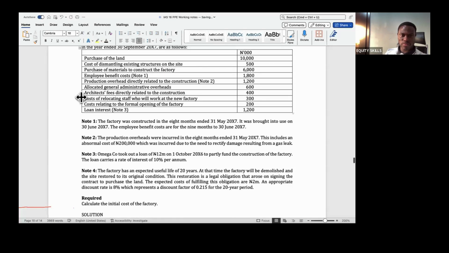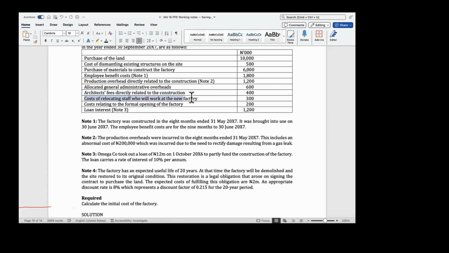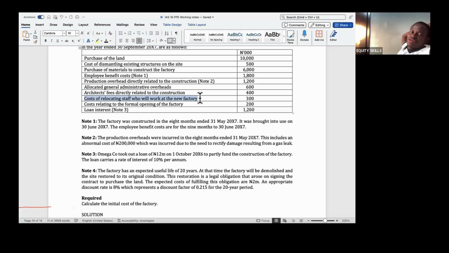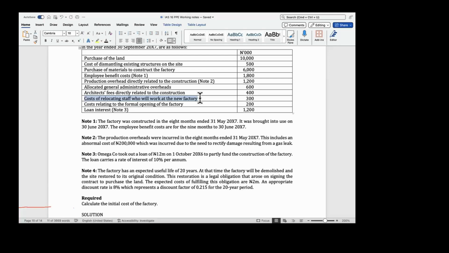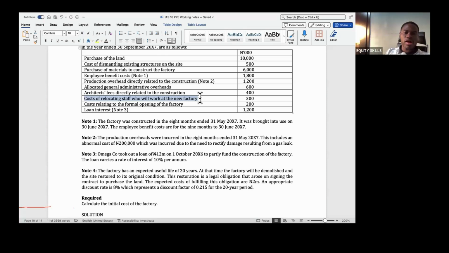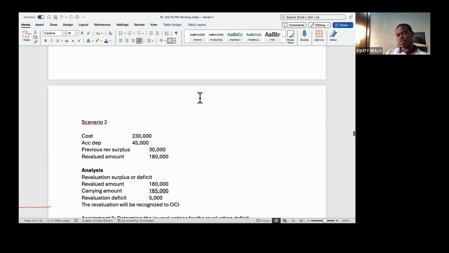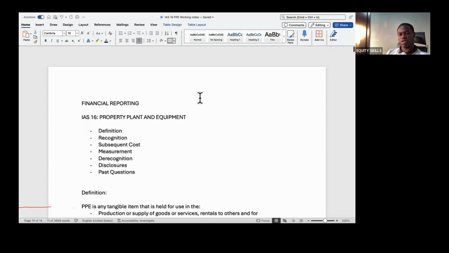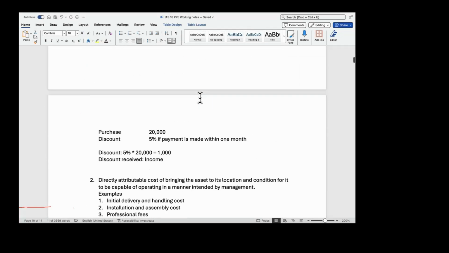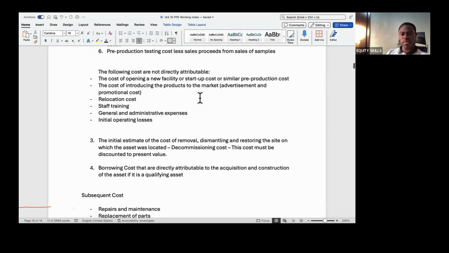What's the next one? Cost of relocating staff. What do we do to this? It should be capitalized, I say, as a directly attributable cost. Let me show you. It should be expensed. Exactly.